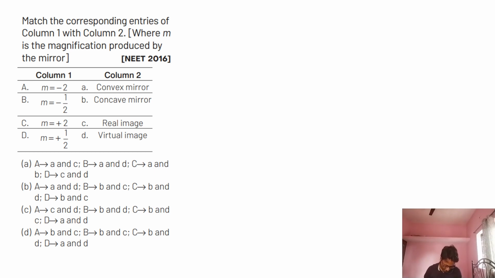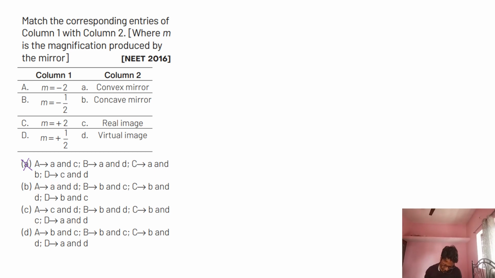So see out here, a goes to b, this is not possible. Why? Because a minus value can never be for a convex mirror.